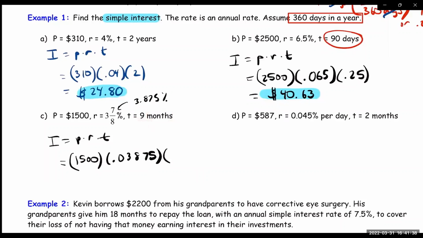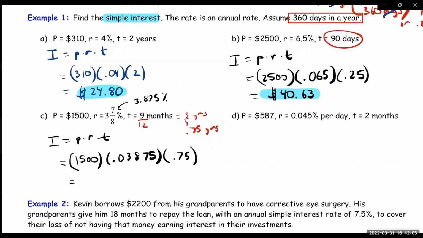If you divide by 12, it's going to convert the months to years, which in this case was 3/4 years, which is the same as 0.75. So all you have to do is on your calculator, do 9 divided by 12, and you'll get 0.75. All right, and so now we can work this out.